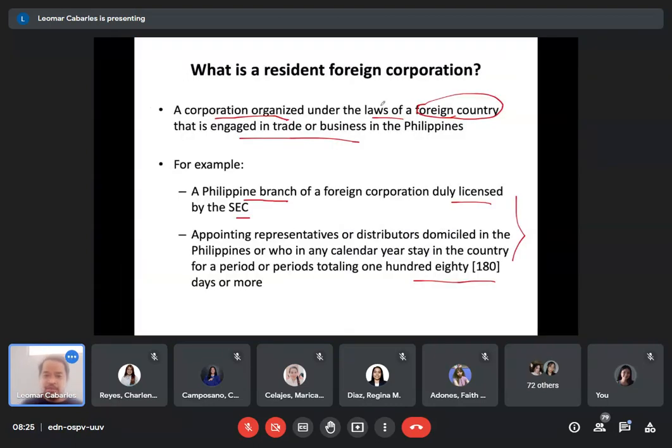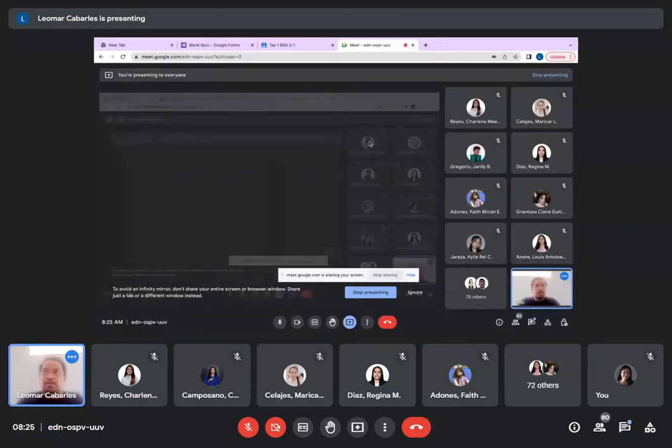Okay, the law that organized the corporation determines, no, whether a corporation is domestic or foreign. Okay, so let's say I organize a corporation, and based on the articles, ang cited on the law ay the revised corporation code of the Philippines, and I registered it with SEC, no? Philippine SEC. So that is a domestic corporation.